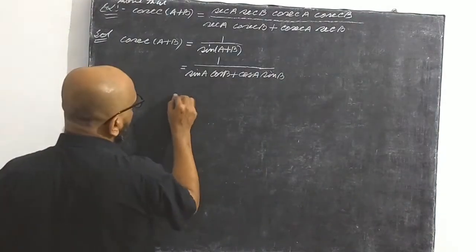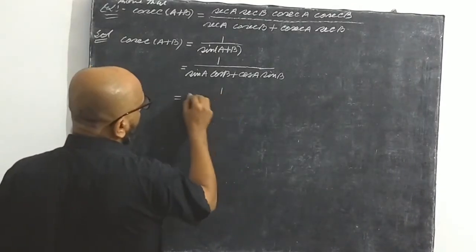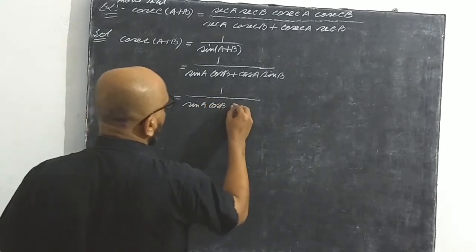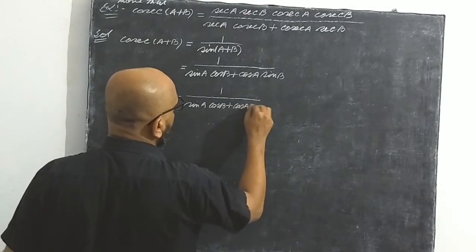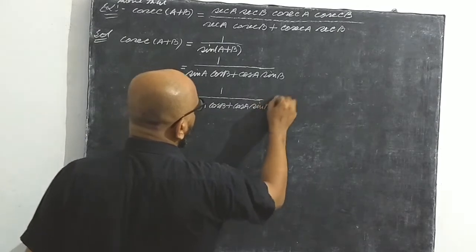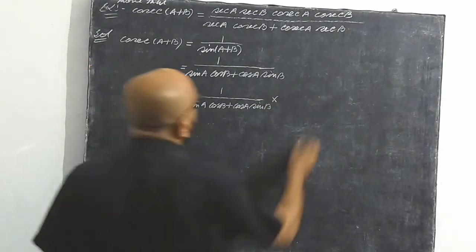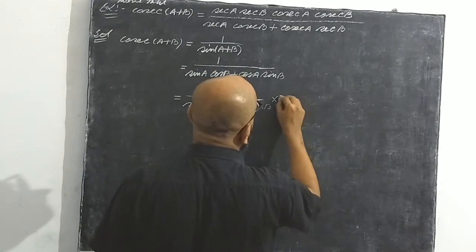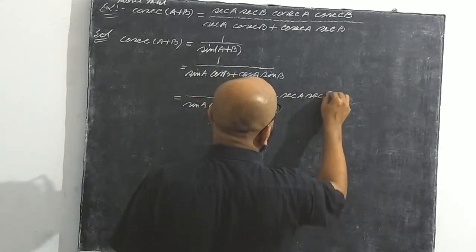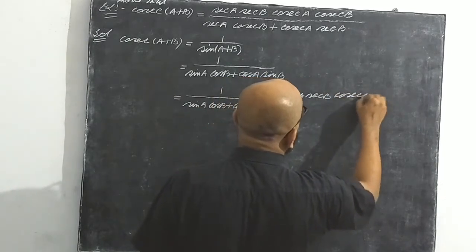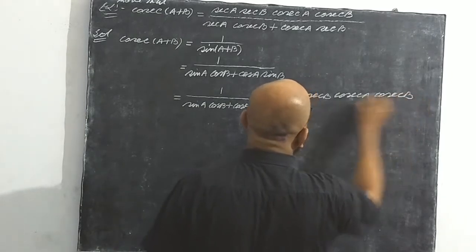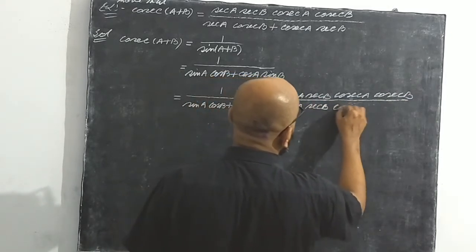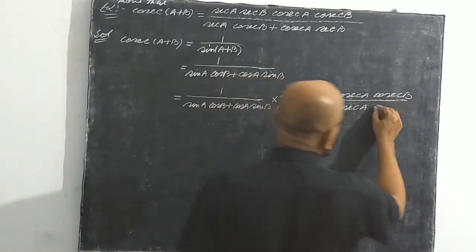Now in the next step, what we have to do, we write this expression as it is, 1 upon sin A cos B plus cos A sin B. Then multiply the numerator and denominator by this expression which is written in the numerator of the right hand side, sec A sec B cosec A into cosec B. Multiplying numerator and denominator with the same expression or same number is a permissible operation in maths.